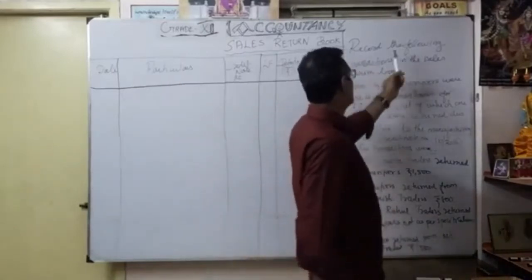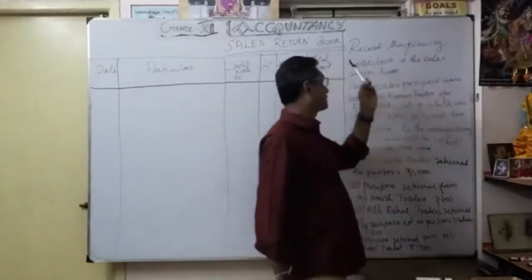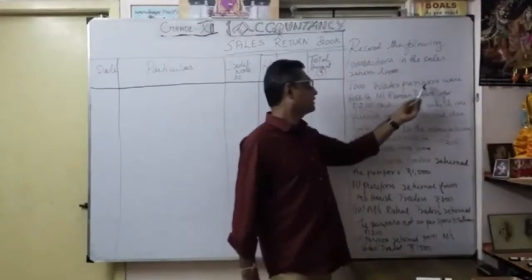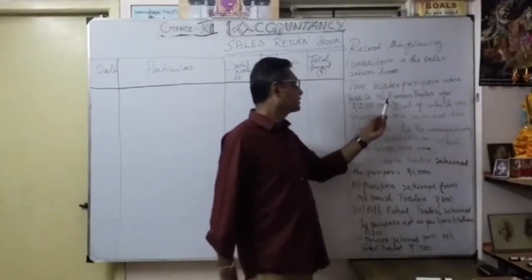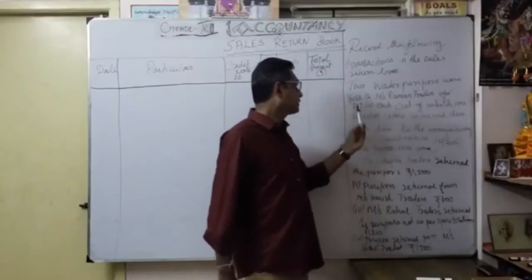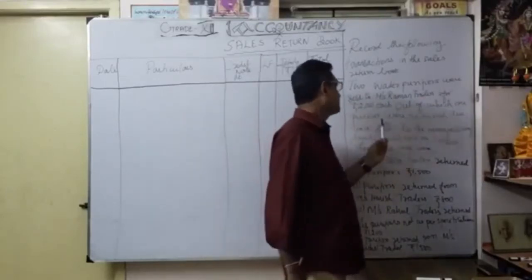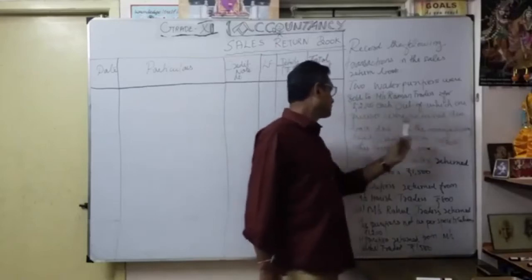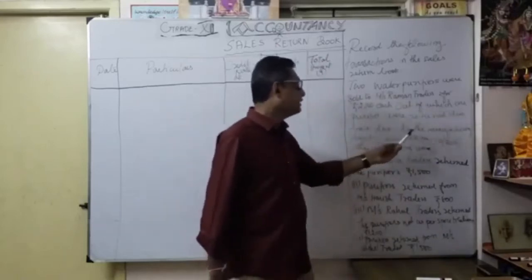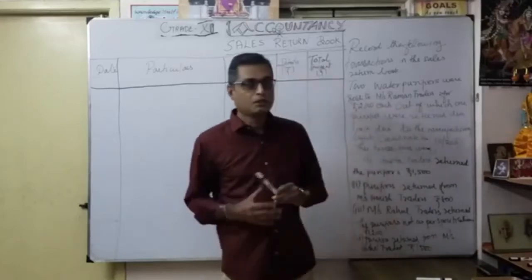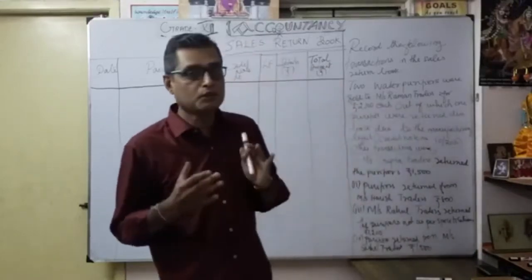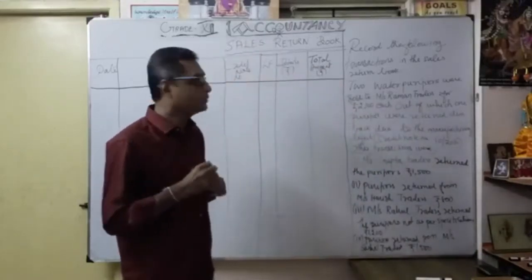Record the following transaction in the sales return book. Two water purifiers were sold to Raman Traders for rupees 2,100 each, out of which one purifier was returned due to a manufacturing defect.